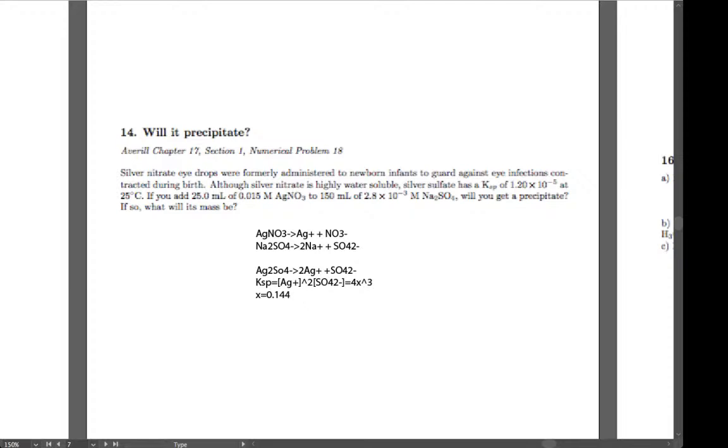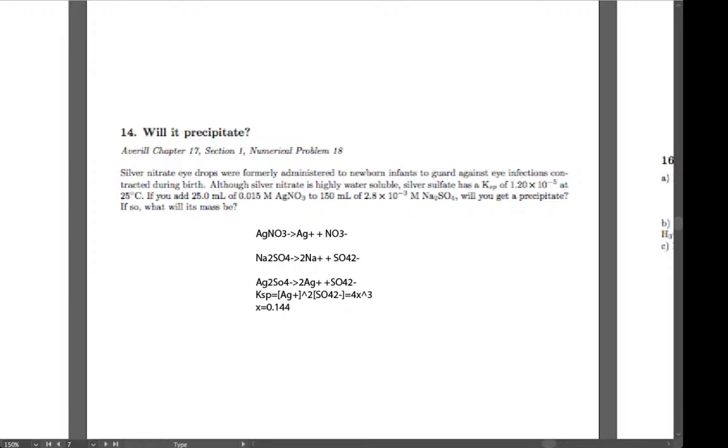Oh, so it's just asking what the mass of the precipitated thing would be. If we just do that, I believe we can figure it out at this point. So that's basically the concentration of Ag2SO4.